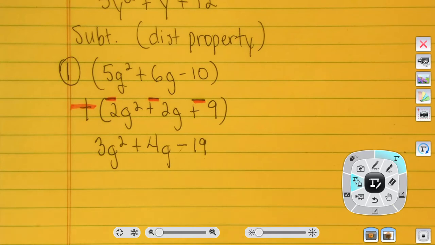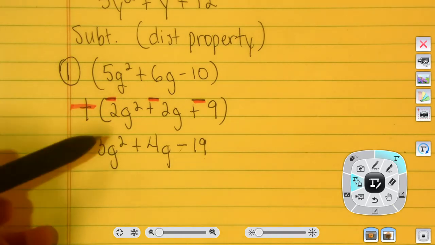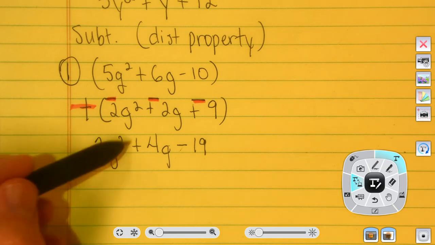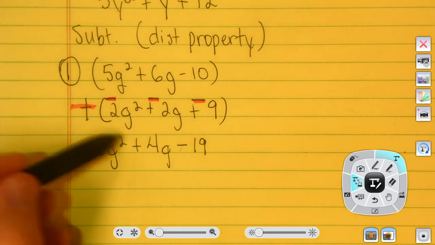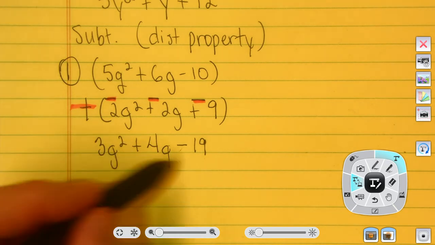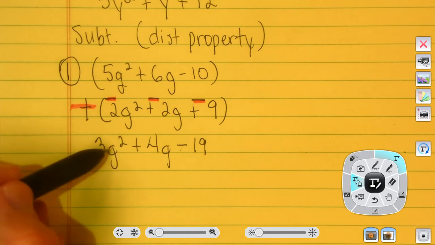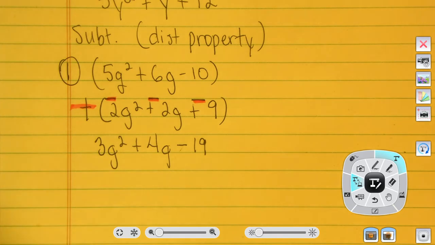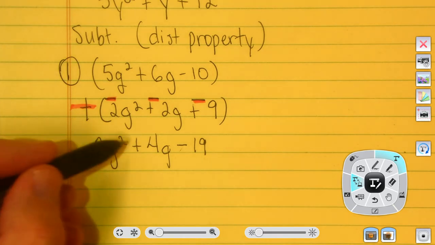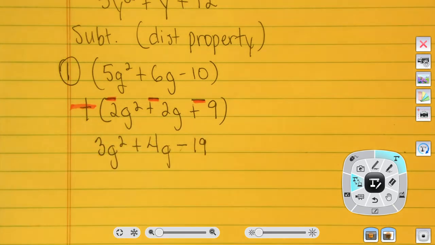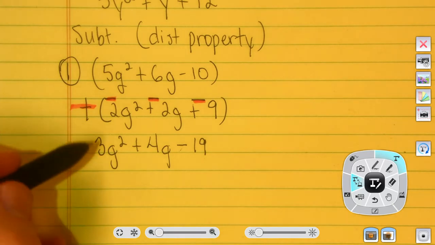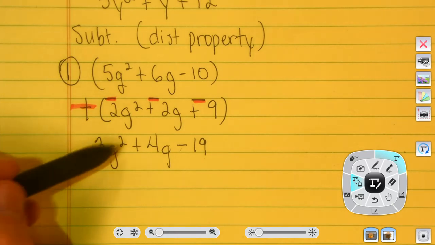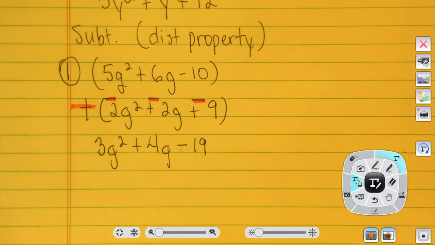So the trinomial I end up with is a trinomial of the second degree, because the largest degree of each term is 2. And it's written in standard form, 2, 1, 0. Exponent of 2 here, and exponent of 1 here, no variable. My trinomial solution is 3g squared plus 4g minus 19.